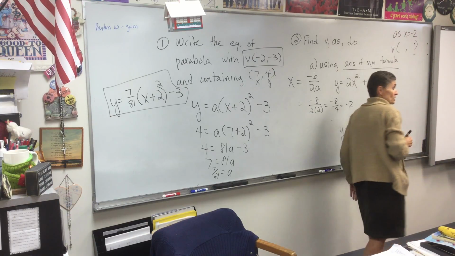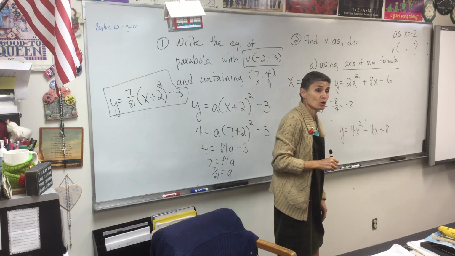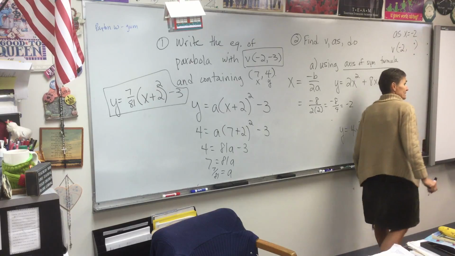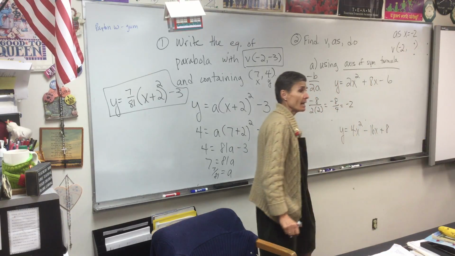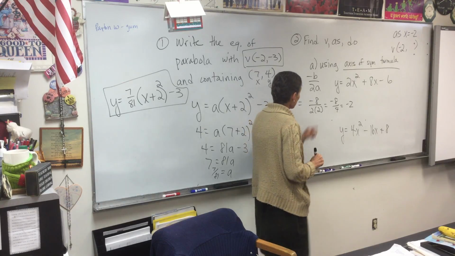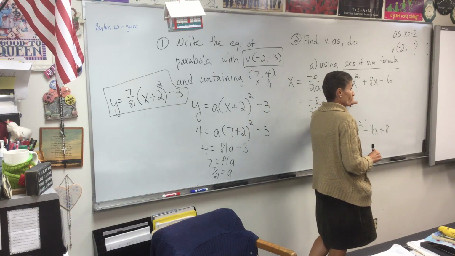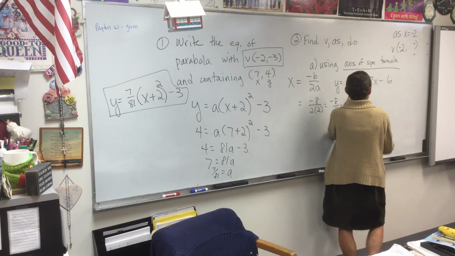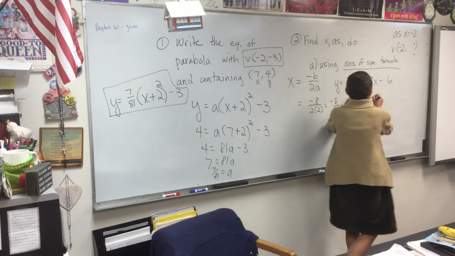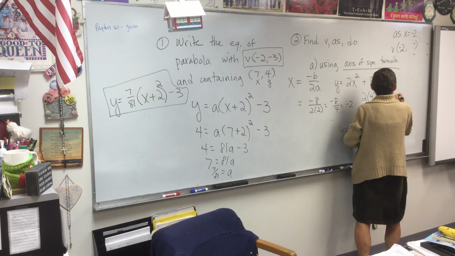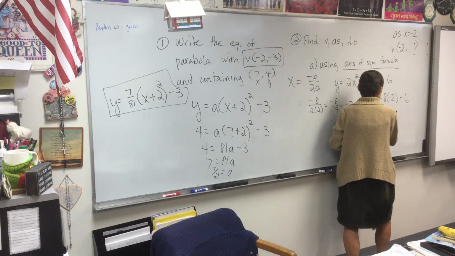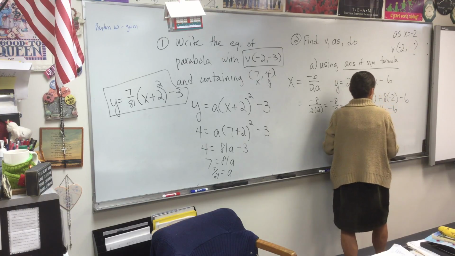Which means that your vertex is negative 2, comma something. And what would the something be? Well, I don't know, but I'm going to put negative 2 in here and find out, right? So 2 times negative 2 squared, 4, plus 8 times negative 2 minus 6. So 8 minus 16 minus 6.